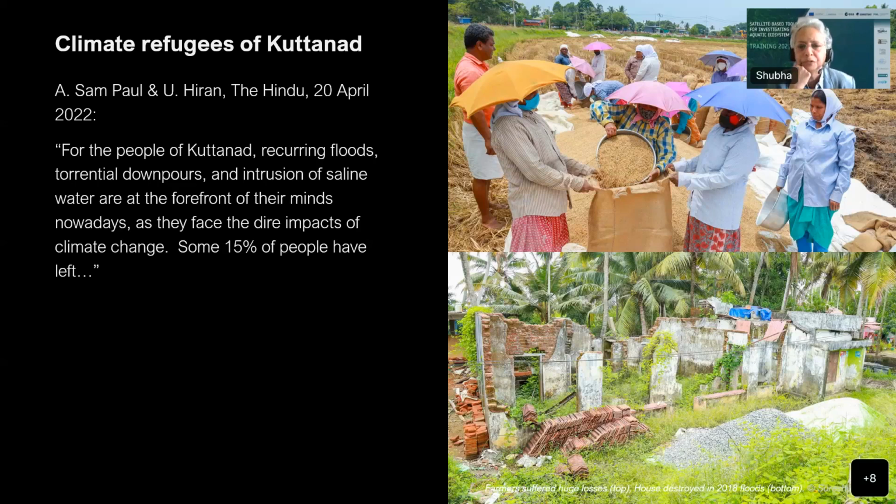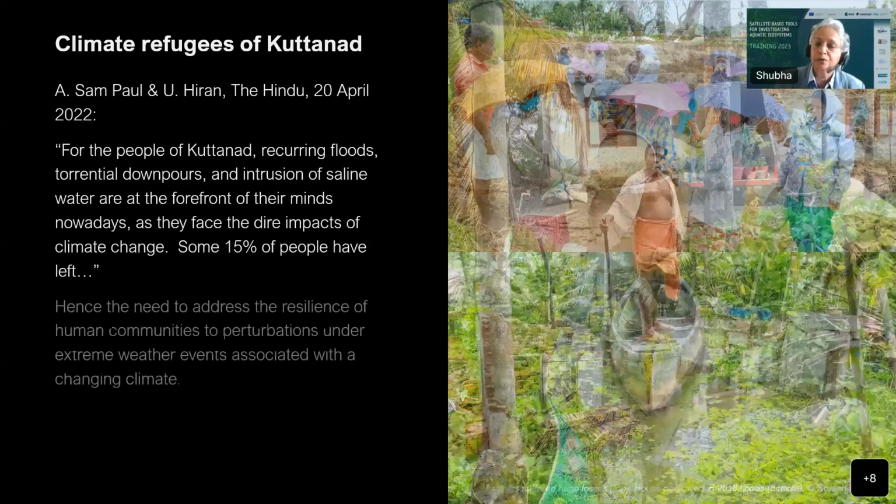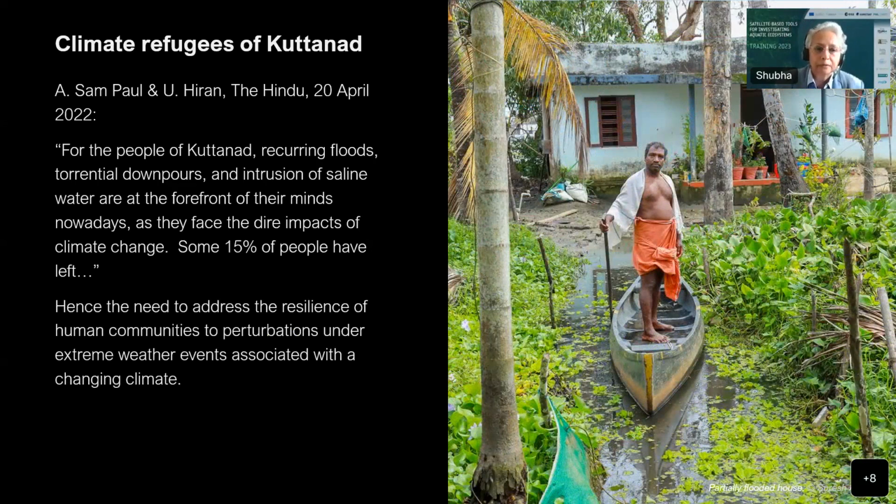Some 15% of the people have already left this region, which I find is a sad thing, but I would also like to point out that this is not a unique story. But what I want to say is that this leads me to say that the problem is urgent, and we need to address the resilience of the human communities to perturbations under extreme weather events associated with changing climate.